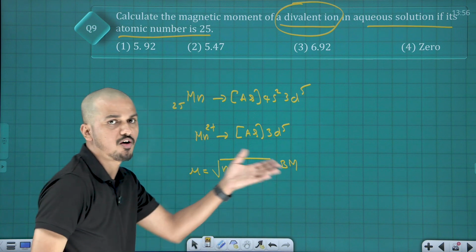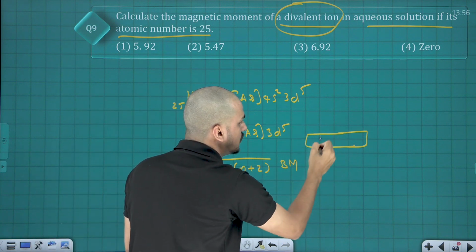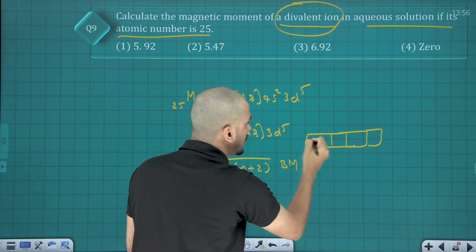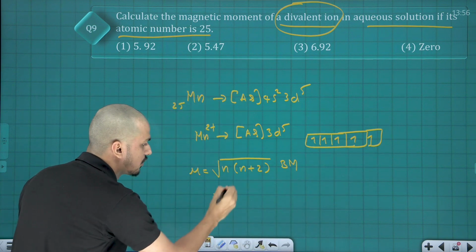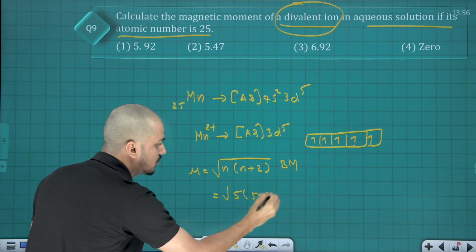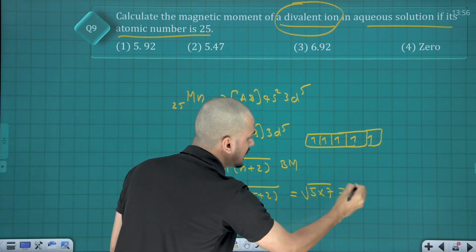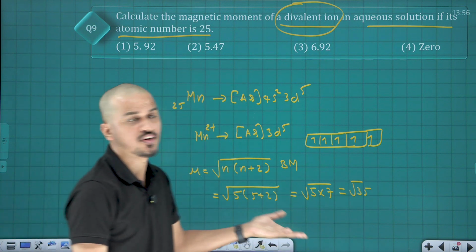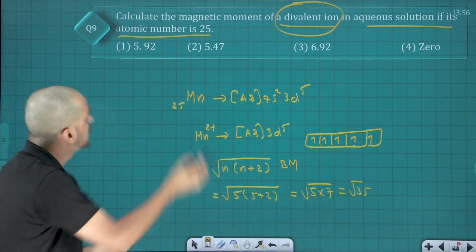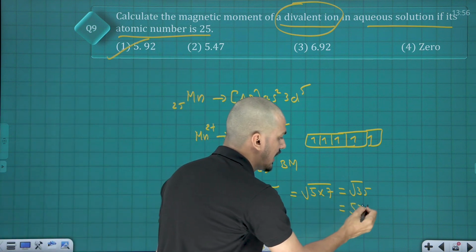N means the number of unpaired d electrons. Here in 3d5, how many unpaired electrons are there? 5. So that's root of 5 into 5 plus 2, that means root of 5 into 7, that means root 35. Root 36 is 6, so root 35 is 5.9. So option 1 is the correct answer, approximately 5.92.